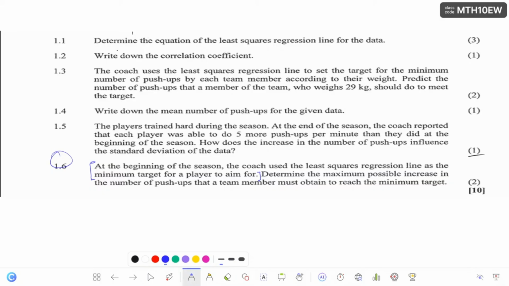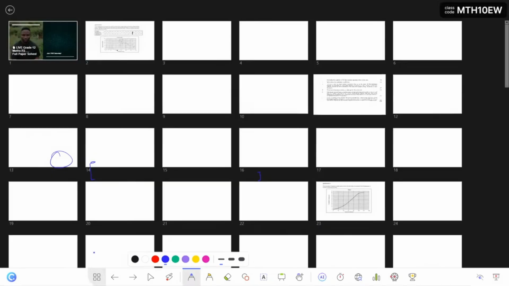So it means that in order for a player to qualify to play rugby, the person must meet a certain target, a certain number of push-ups, in order to qualify to go and play rugby. So now they said determine the maximum possible increase in the number of push-ups that a player must obtain to reach the minimum target. So okay, let's go back to our scatter plot.